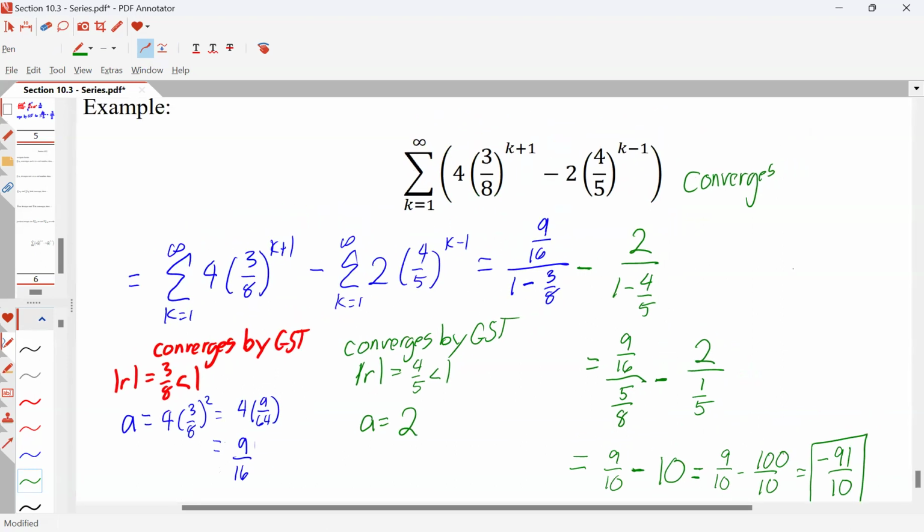So we actually know it converges to negative 91/10. And there is our last example of using the properties of convergent series as well as the geometric series test. In the next sections, we will get into more tests for how to tell if a series converges or diverges.